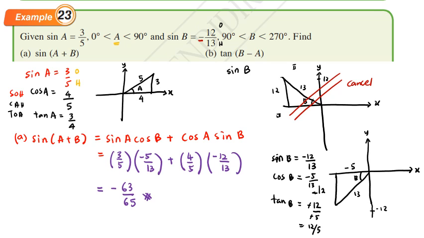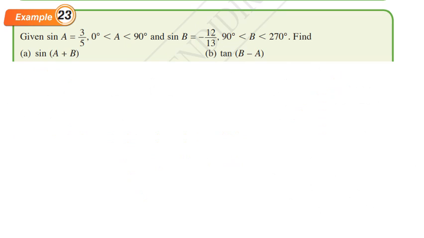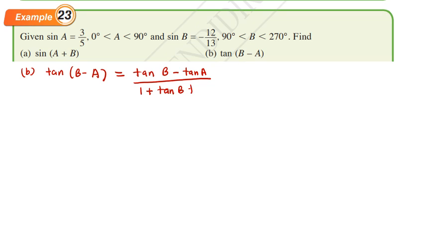Okay, so we solve for B. Sama je. So B, tangent B minus A. So refer to your formula, tangent A minus B, because of minus here, right? So we just rewrite back tangent B minus tangent A over 1 plus tangent B tangent A. So refer dekat previous slide.